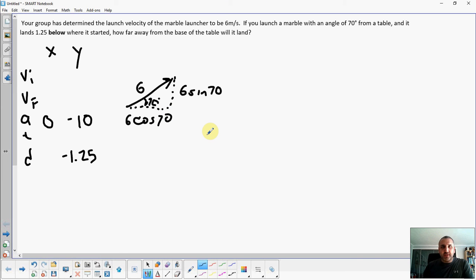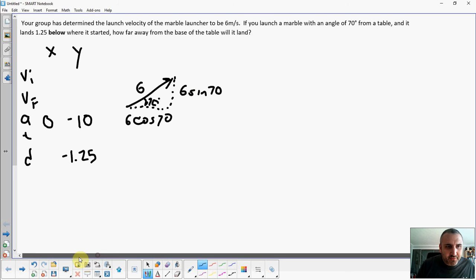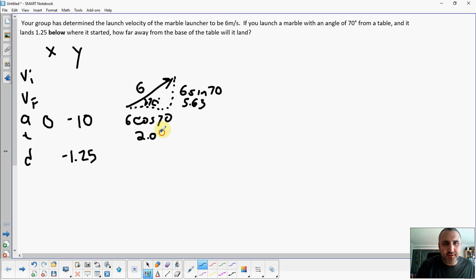And what we should get out of those is 5.63 meters per second in the y dimension, and we should end up with 2.05 in the x. You can probably just round that down to 2 in the x, and 5.63 in the y. The final velocity in the x is also 2 meters per second.